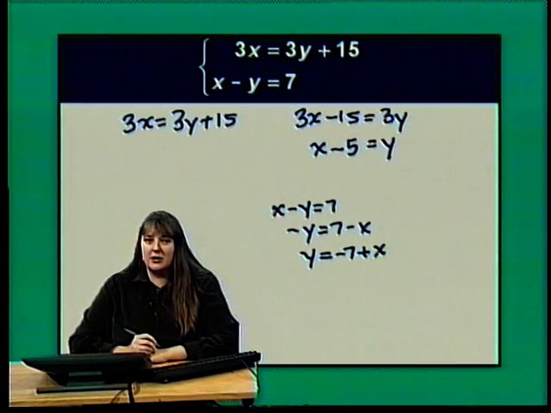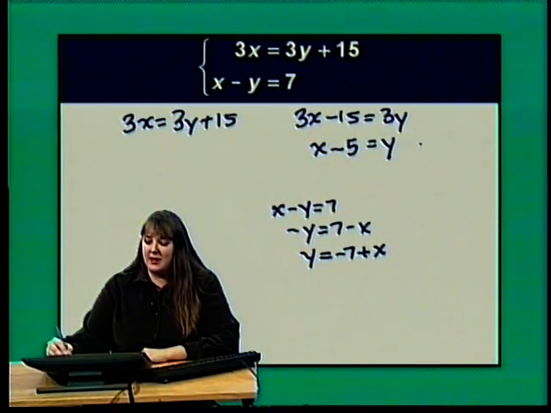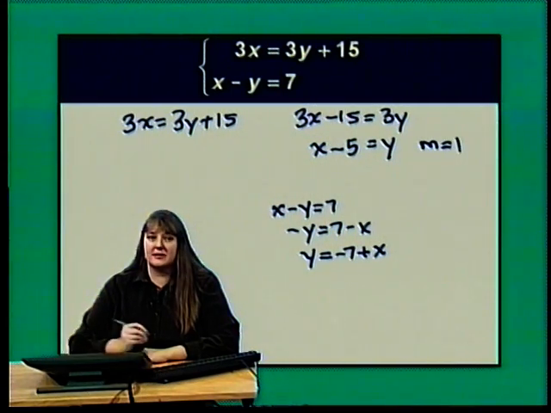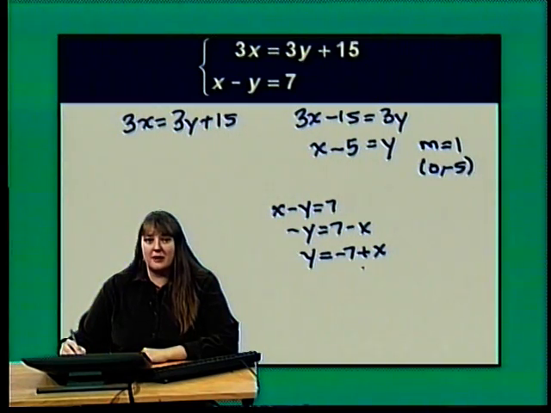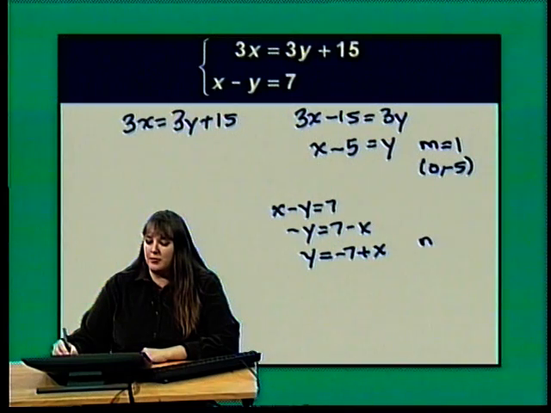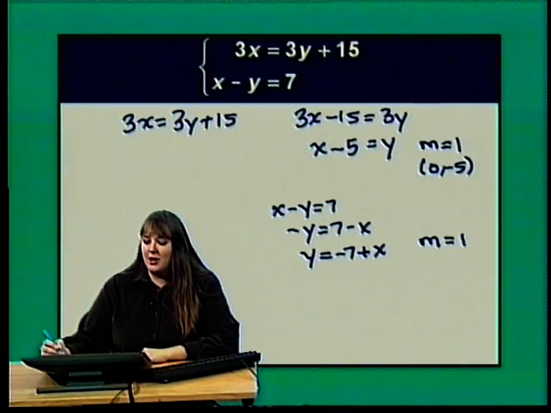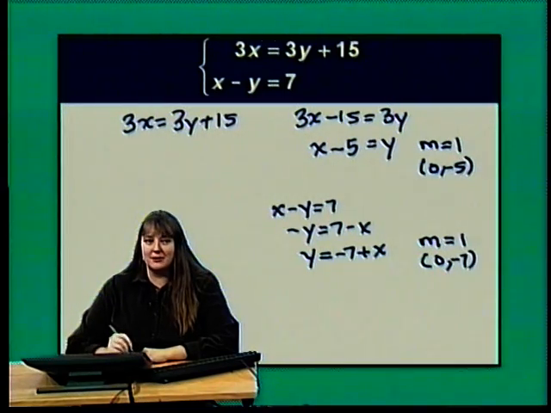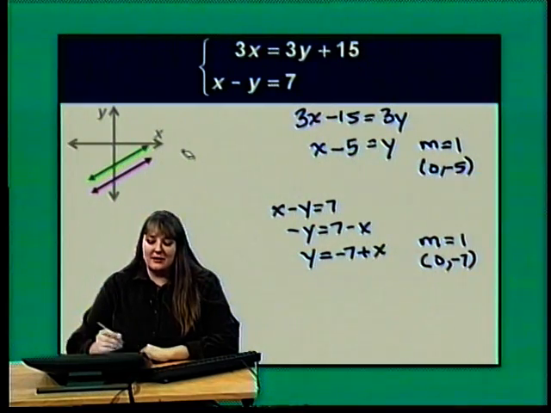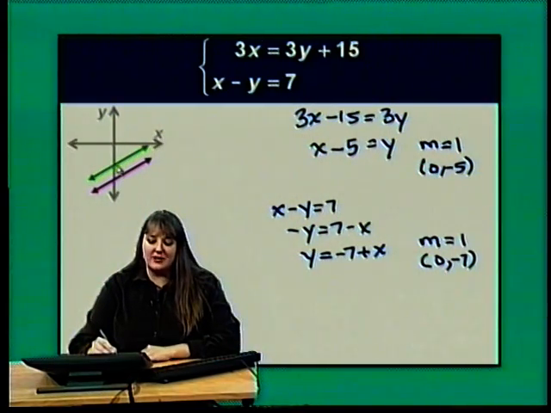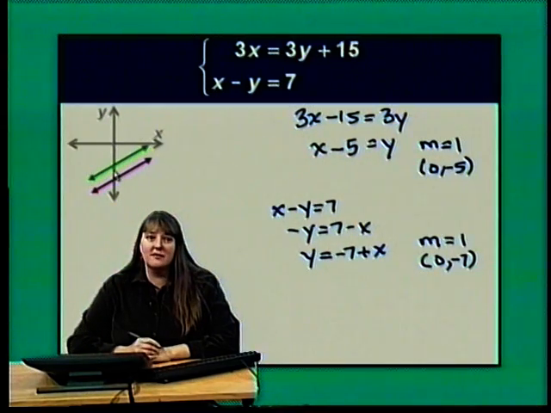Well, let's look at our two equations in slope-intercept form. The first one, y equals x minus 5, we see has a slope of 1 and a y-intercept of 0, negative 5. The second equation, y equals negative 7 plus x, we see has a slope of 1 and a y-intercept of 0, negative 7. So if we graphed these two lines, they have different y-intercepts, 0, negative 7 and 0, negative 5, but they're parallel.